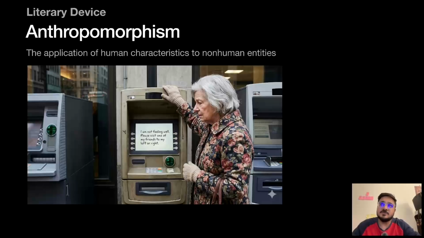In this image, which is AI generated, the intent was to show how the old lady was patting the top of this ATM machine. She was really touched by this message.